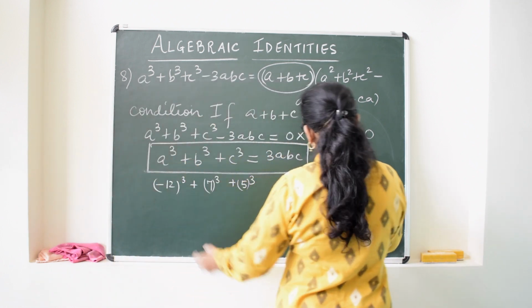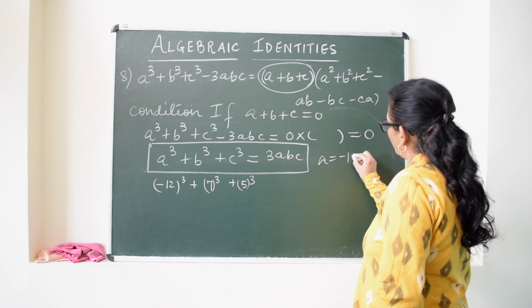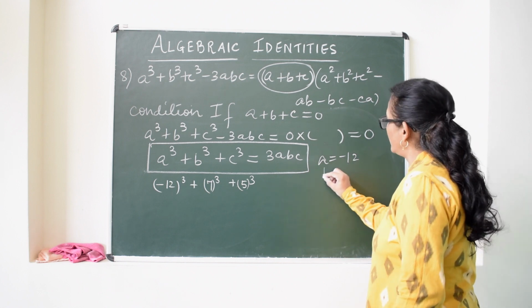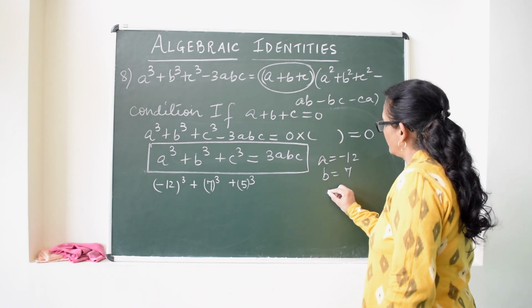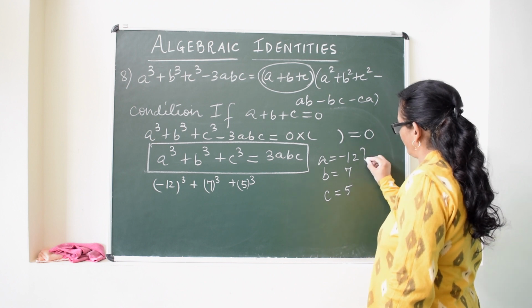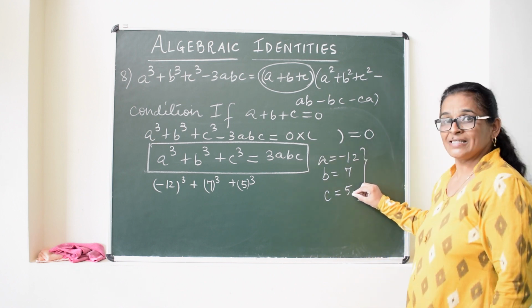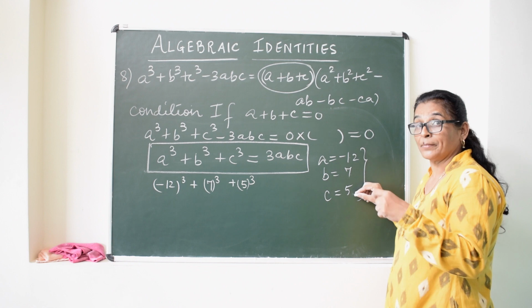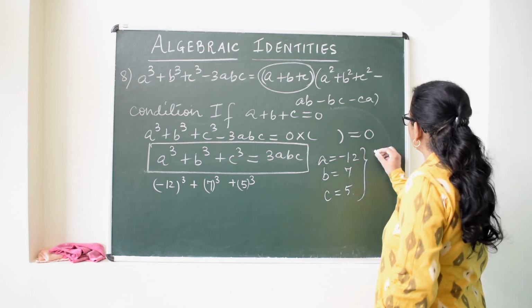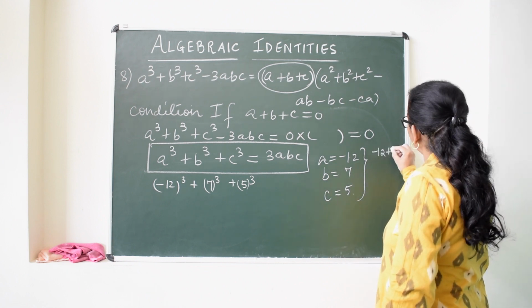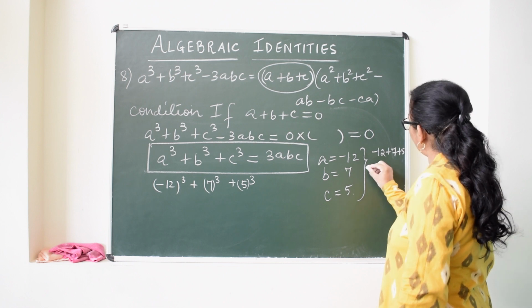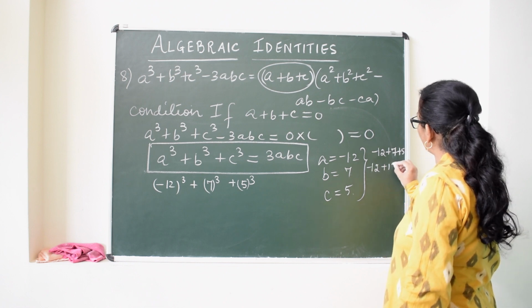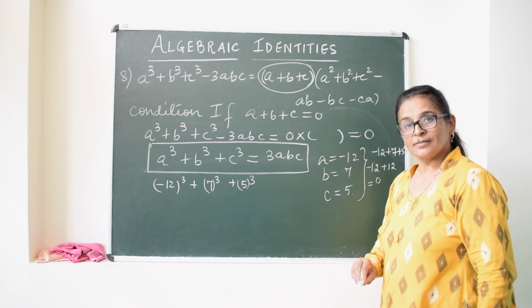Okay, here a is minus 12, b is 7 and c is 5. If we notice these three terms, when we add these three numbers, minus 12 plus 7 plus 5 will be minus 12 plus 12, that is 0.